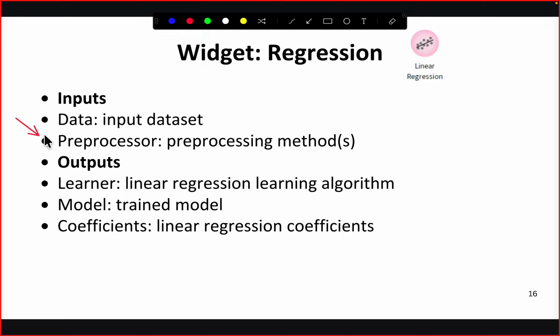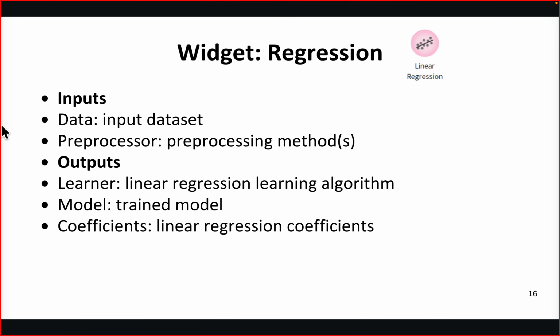So we know the creator of this package or this app already tried to bundle some pre-process into a widget, right, and put it into a regression widget, so that we don't have to do it. Okay, so it's called preprocessor.